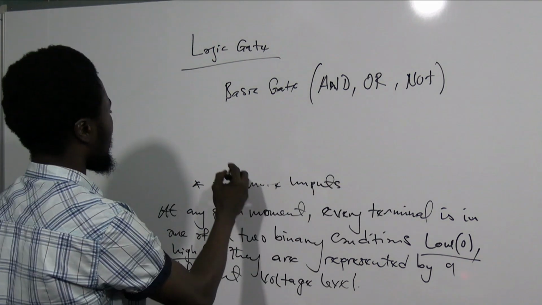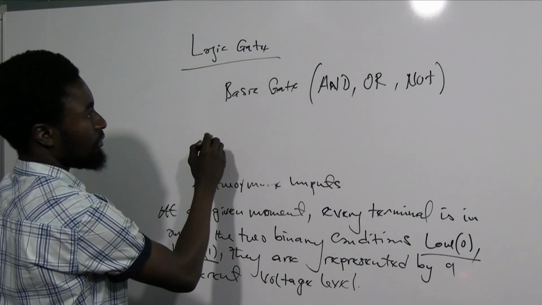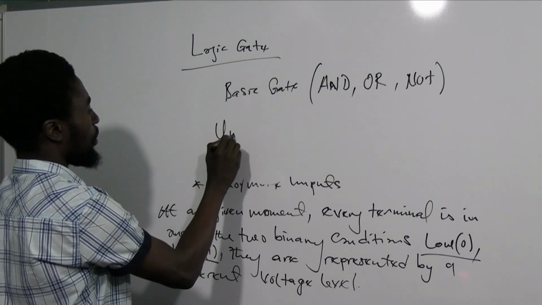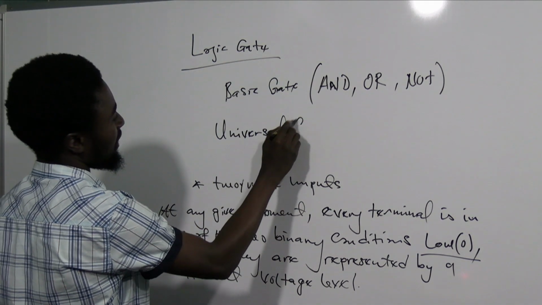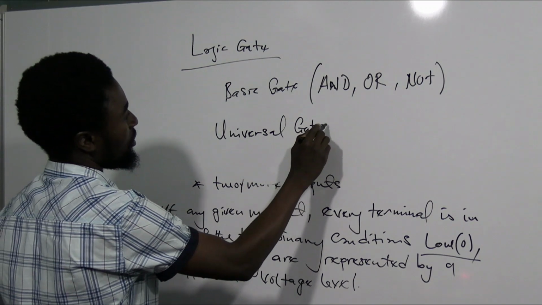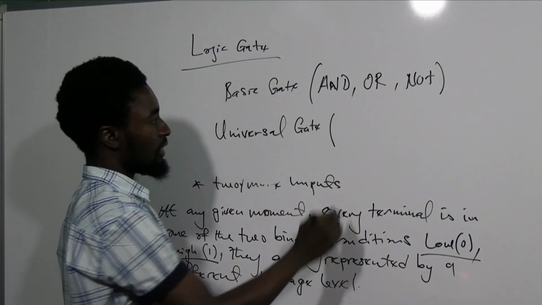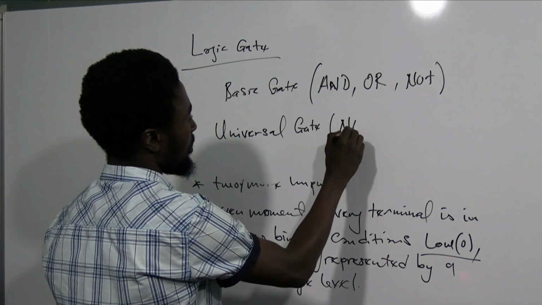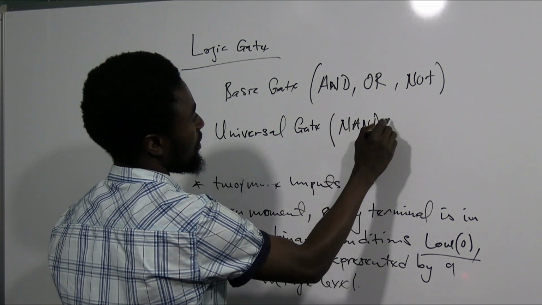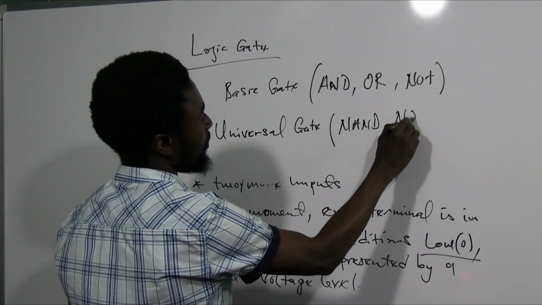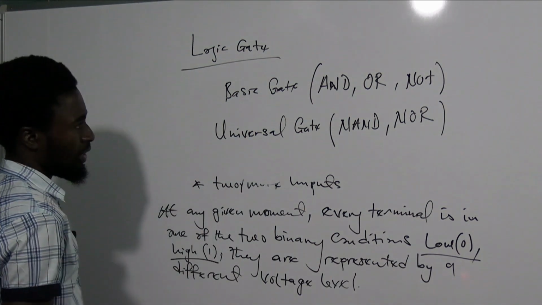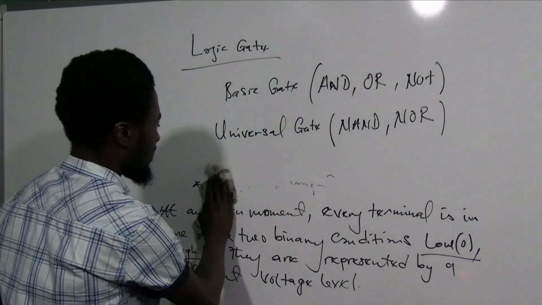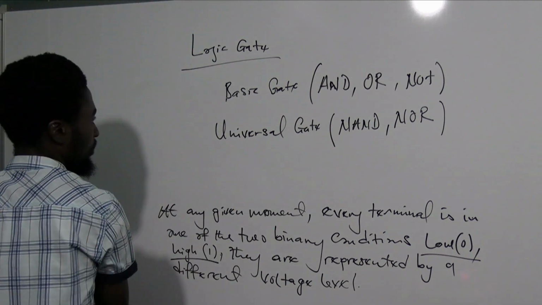So let's look at another category. We call it a universal gate. The universal gate includes the NAND gate and the NOR gate. So we look at other types of gates, other than these 2.